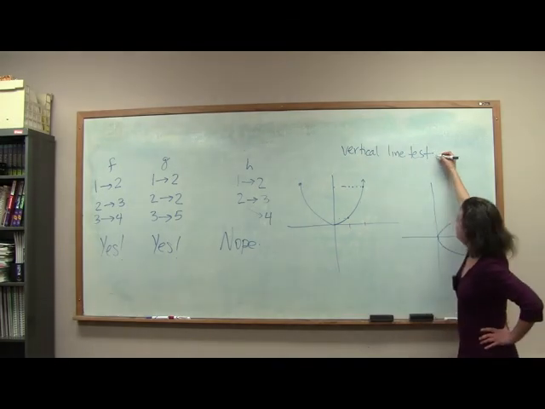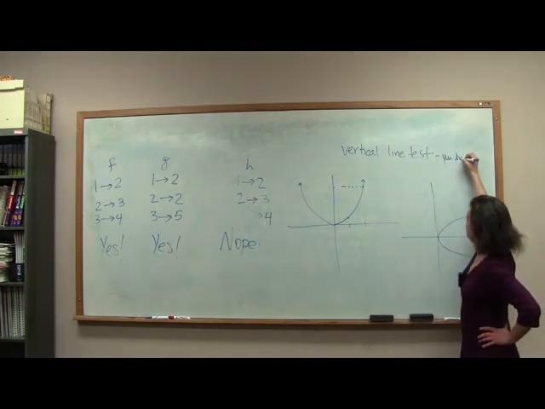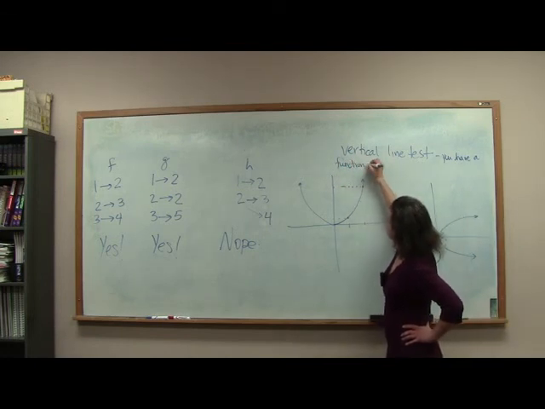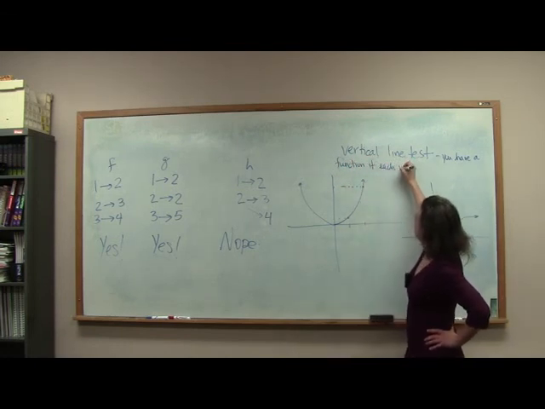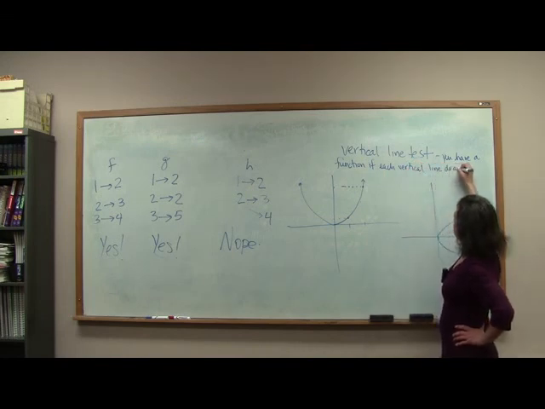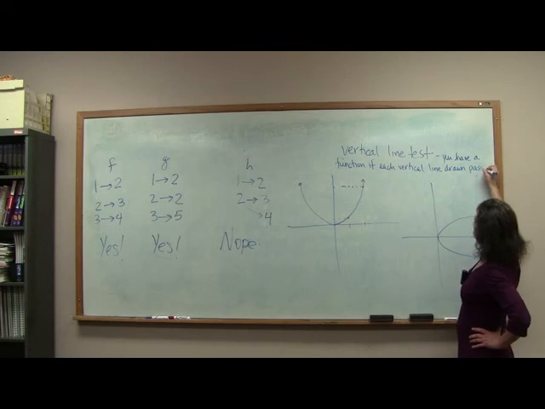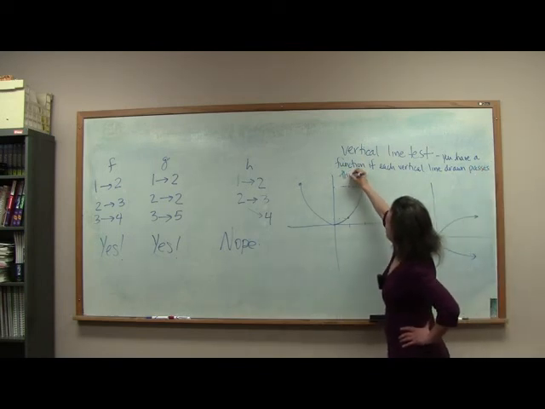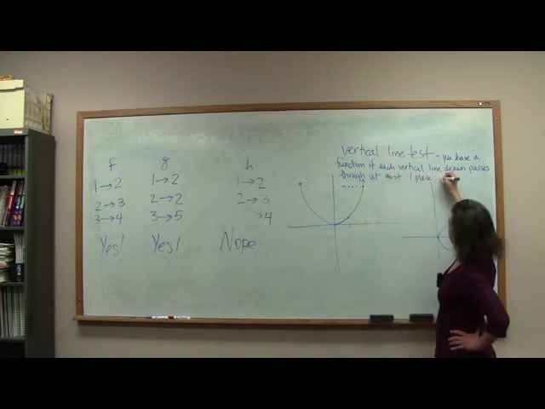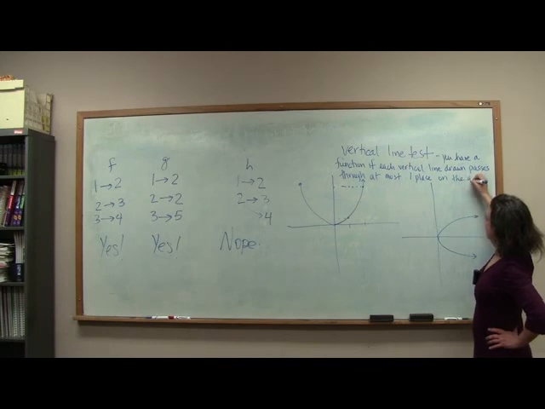What that says is you have a function if each vertical line drawn passes through at most one place on the graph.